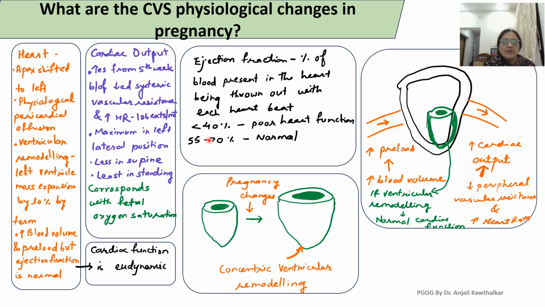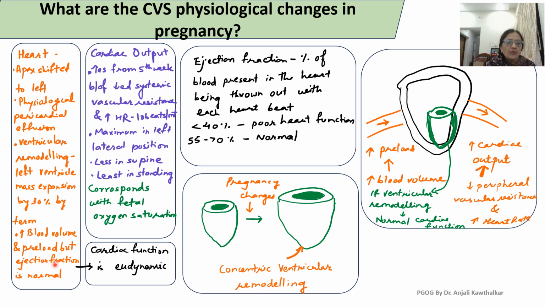Now, if it is less than 40%, that means less than 40% of the blood is getting ejected out of the heart, or from the left ventricle to the aorta, less than 40% is being ejected out with the heartbeat, then it indicates a poor heart function. Normal ejection fraction is 55 to 70%.